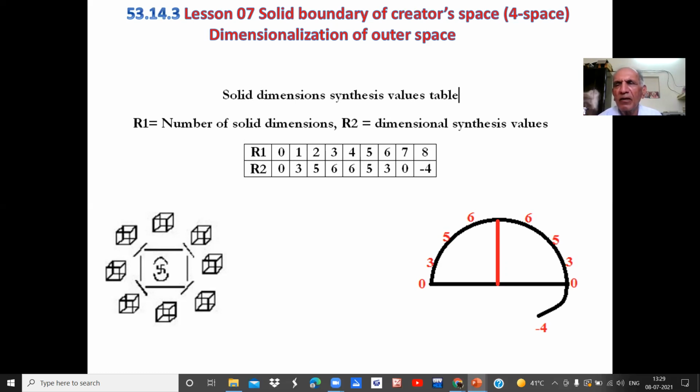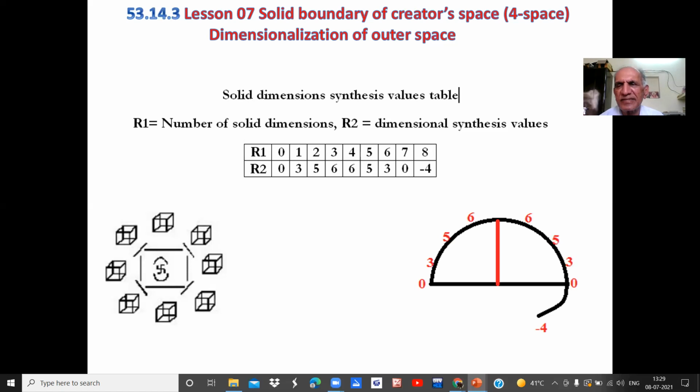However, when we proceed ahead and we glimpse the synthesis value of as many as 8 solid dimensions, the value comes to be -4. Blissful, beautiful, excellent, marvelous. It is this beautiful feature which deserves to be comprehended well.